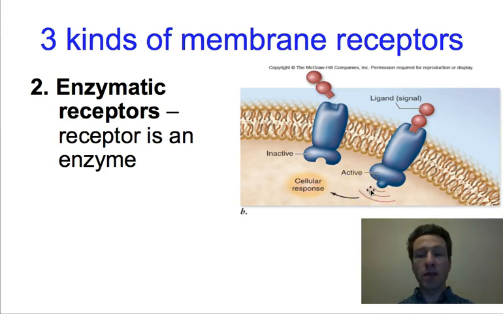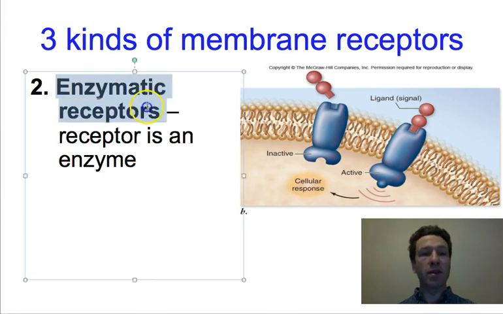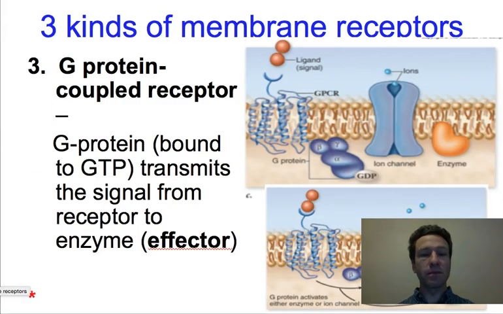And by doing so, some of those proteins might be enzymes that themselves get turned on by phosphorylation. And so that can then lead an inactive enzyme inside the cytoplasm to become an active enzyme and to go on and do something else. So enzymatic receptors are our second category of membrane-bound receptors.